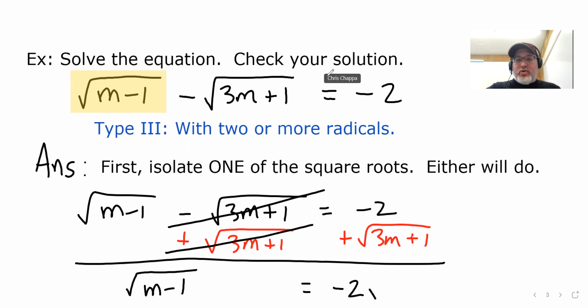Don't write negative 2 square root of 3m plus 1, because if you do that, you just multiplied them, and I wasn't multiplying them. I was adding one to the other. When you add unlike terms, the best thing you can do is write them next to each other. I think starting with the positive part would be a good idea. So we'll write the square root of 3m plus 1 minus 2. So really, we just moved one square root to the other side, changed its sign.